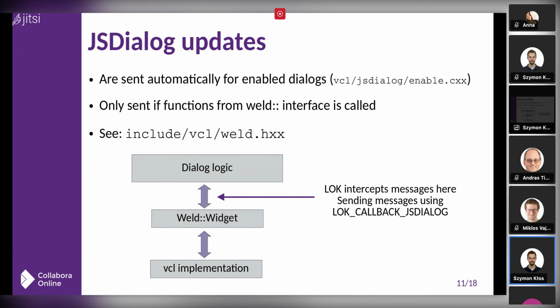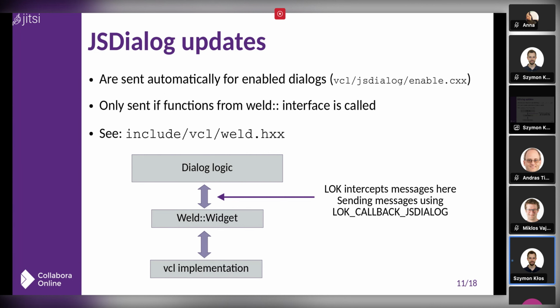So now we have a set of standard widgets defined in this file VCL world hxx, and inside we have different interfaces which are used by JS Dialog Framework, so to automatically inform the online about the updates in the widgets. So you don't have to send manually any updates in dialogues.